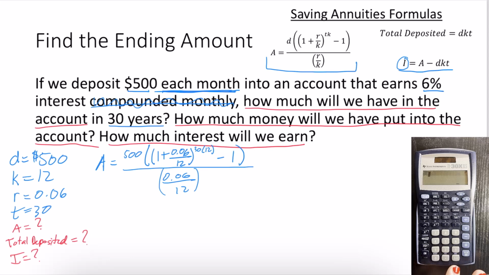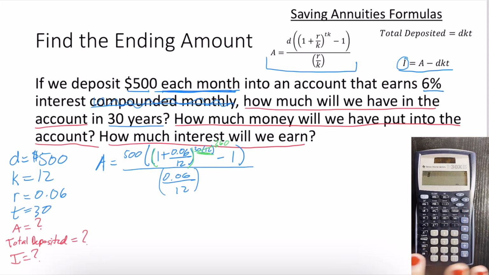Okay, so to solve this on my calculator, I want to keep my big long decimals in my calculator as much as possible. So to facilitate that, I'm going to figure out what my exponent is at the very beginning. So I'm going to do 30 times 12, and that equals 360. So that is equivalent to 360. And then I'm going to start simplifying inside of these parentheses.